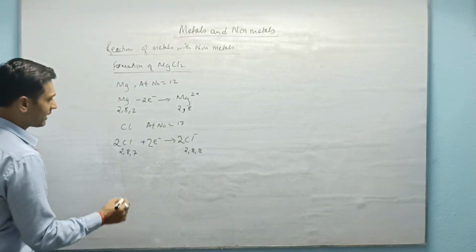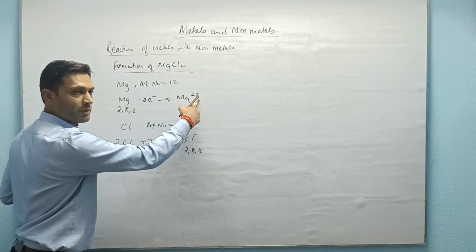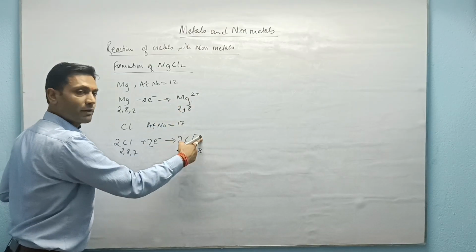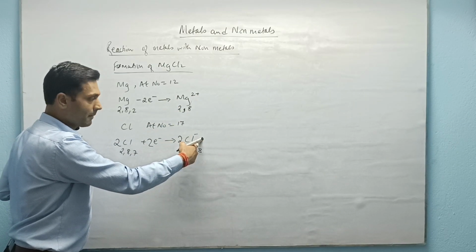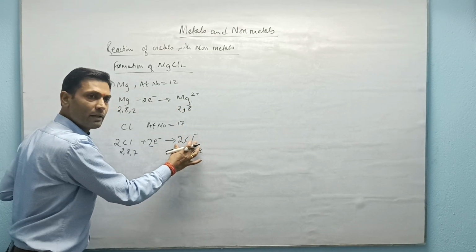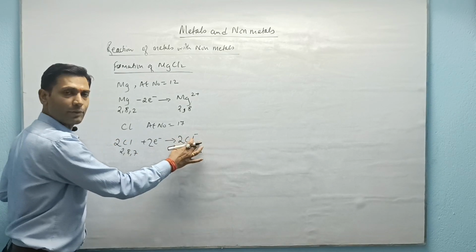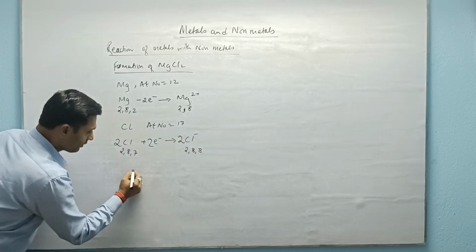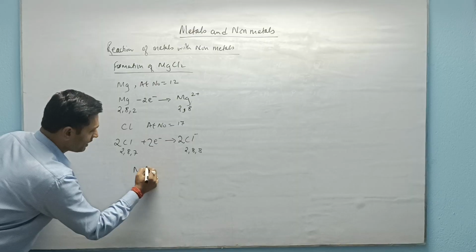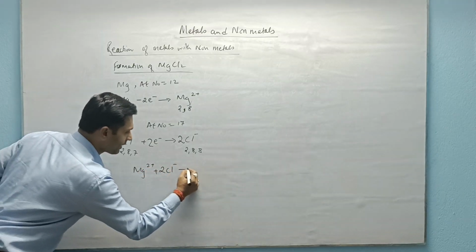So, how will we represent this? They are oppositely charged. See, magnesium having 2 units positive charge, chlorine having 1 unit negative charge. But to equalize the charge, we have taken 2 chlorine atoms or ions. Here atoms and here now formation of ions. So now what happens is Mg2+ and 2 Cl minus. This will form what?